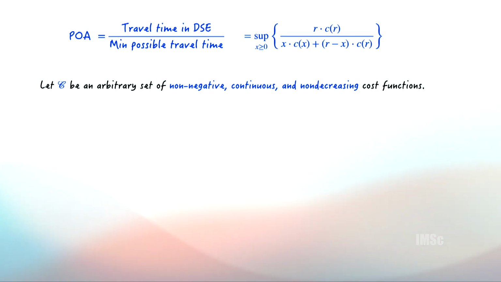Continuity is a standard property you would expect a flow function to have, and non-decreasing obviously. If the volume is larger, time should only increase; maybe it can stay the same, but it can't reduce. So we can agree the class C captures all reasonable cost functions that capture flow.